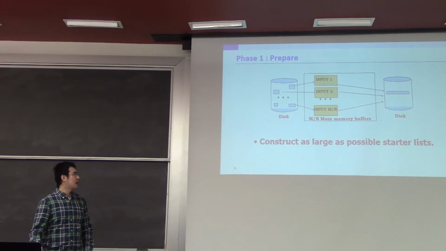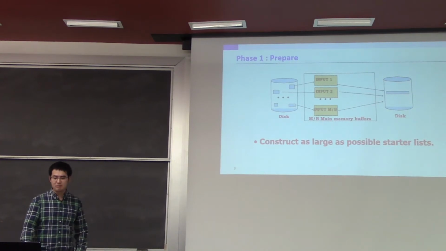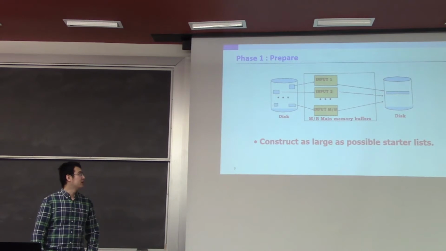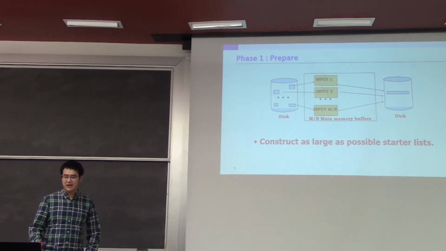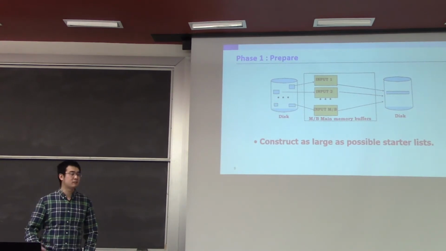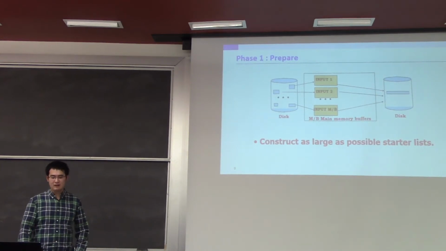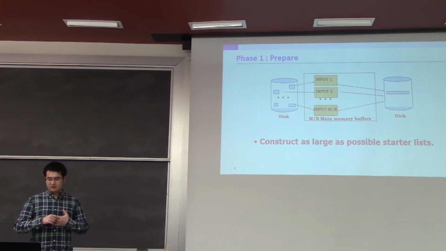If the total size of our memory in bytes is M, and the size of each page is B, then we have M over B memory buffers for pages. So we can bring M over B disk pages into the main memory buffer at one time, sort them into a run, and dump them to the disk. So what will that give you?